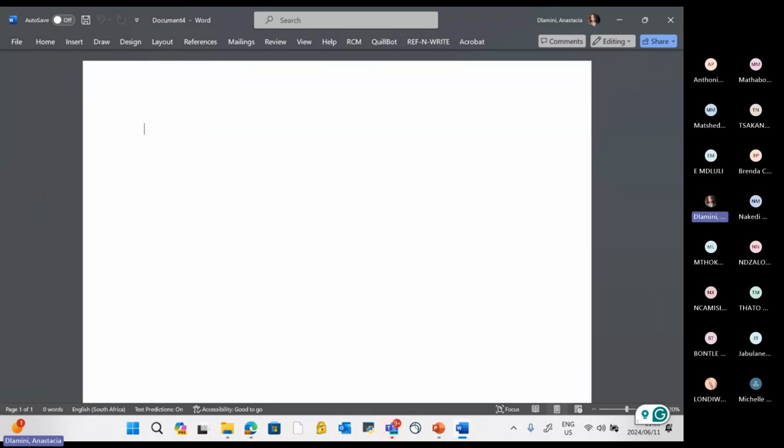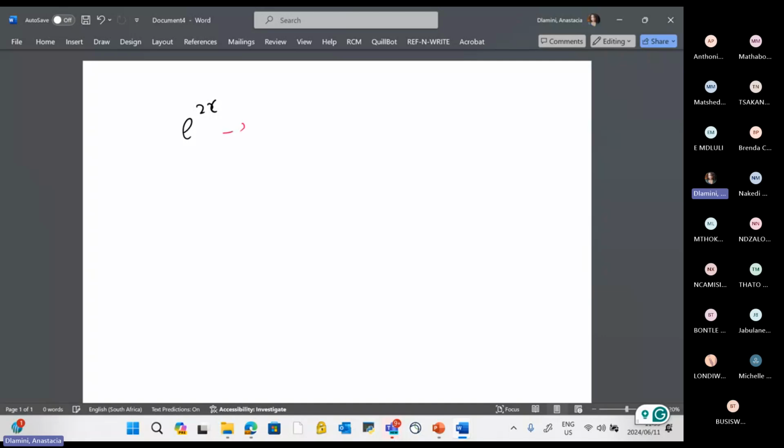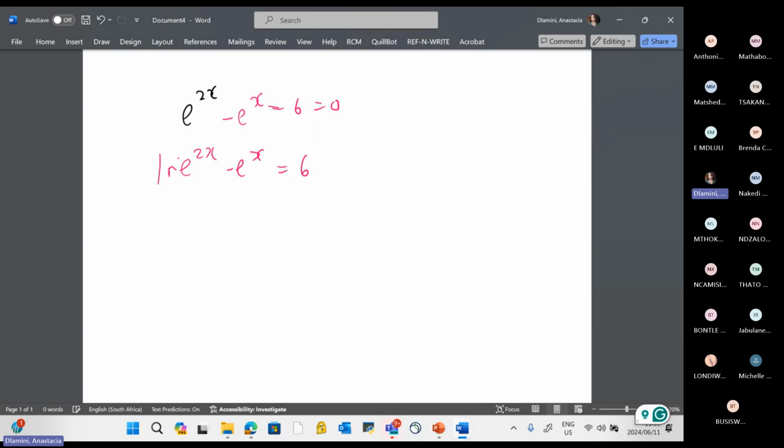So now initially you guys said e to the power of 2x minus e to the power of x minus 6 equals 0, right? So you are saying e to the power of 2x minus e to the power of x is equal to 6, and you take ln both sides.